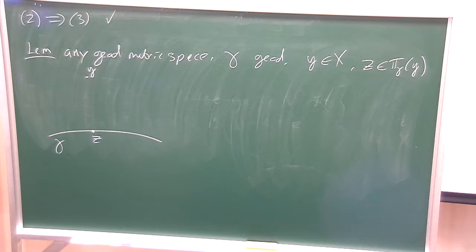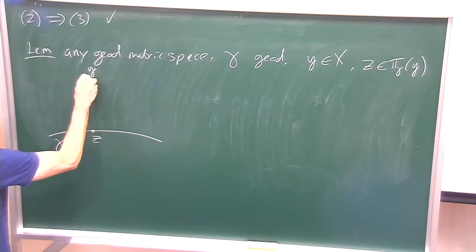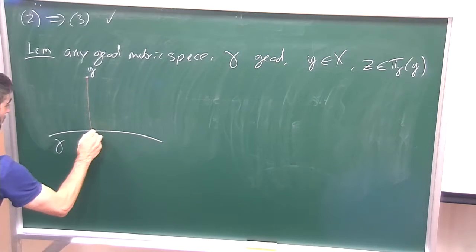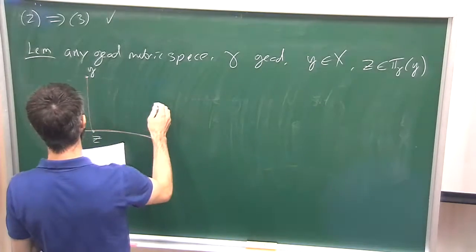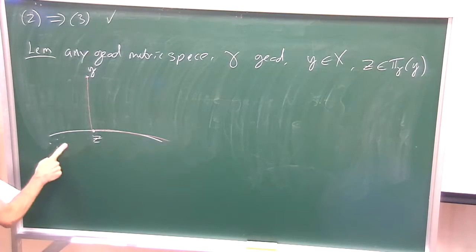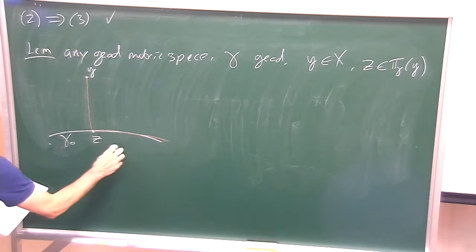OK, so then I can take the following thing. I can build a path that does this geodesic and then goes out that way. OK, so there's a geodesic from y to z, and then I could just go along gamma. All right, so let me call this maybe gamma 0 and gamma 1.